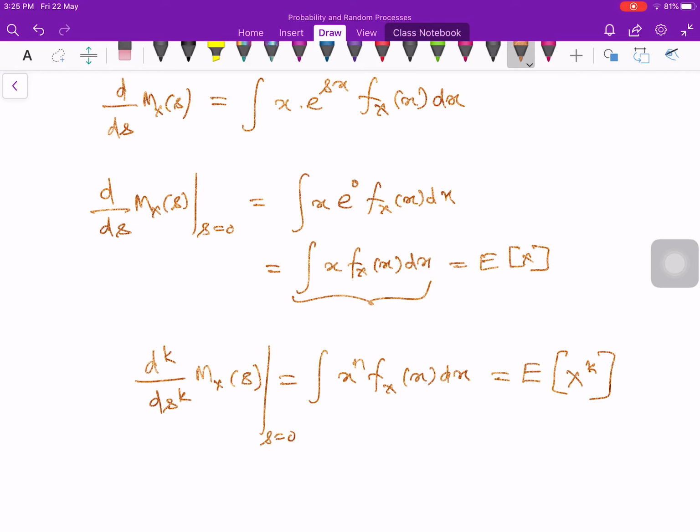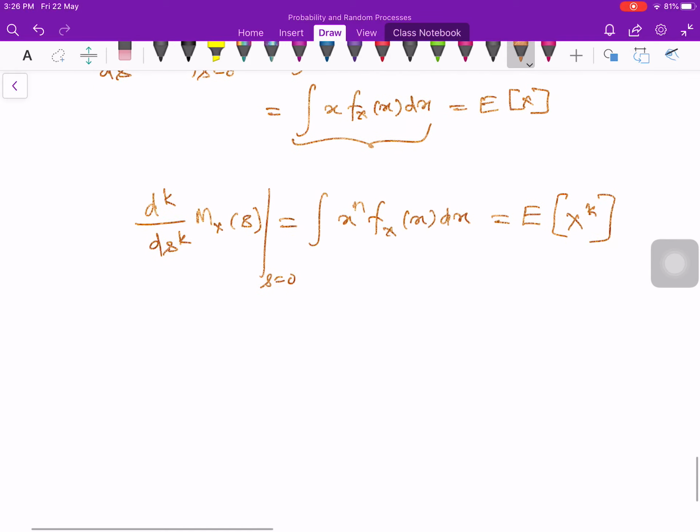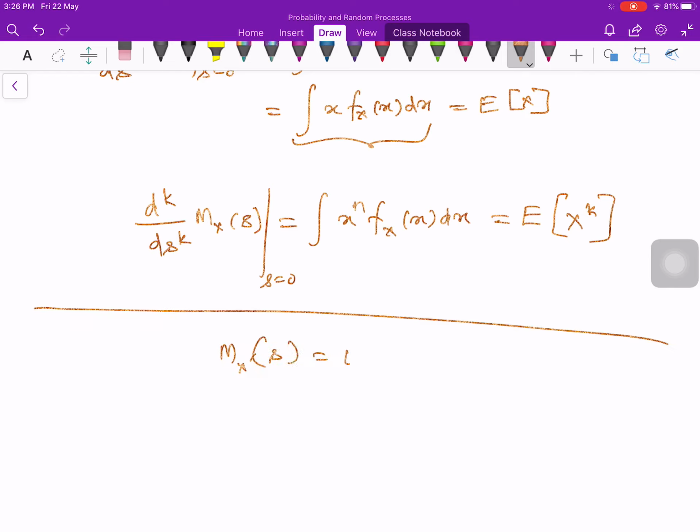It could be carried out more abstractly as follows. We know that M sub x of s is equal to the expected value of e to the sx. Differentiate ds of M x of s. You can take the differentiation inside the expectation operation.